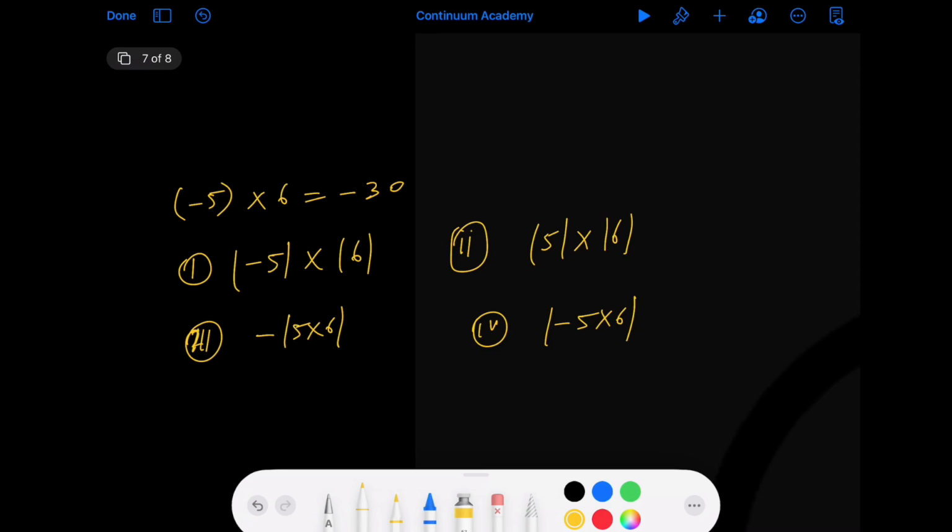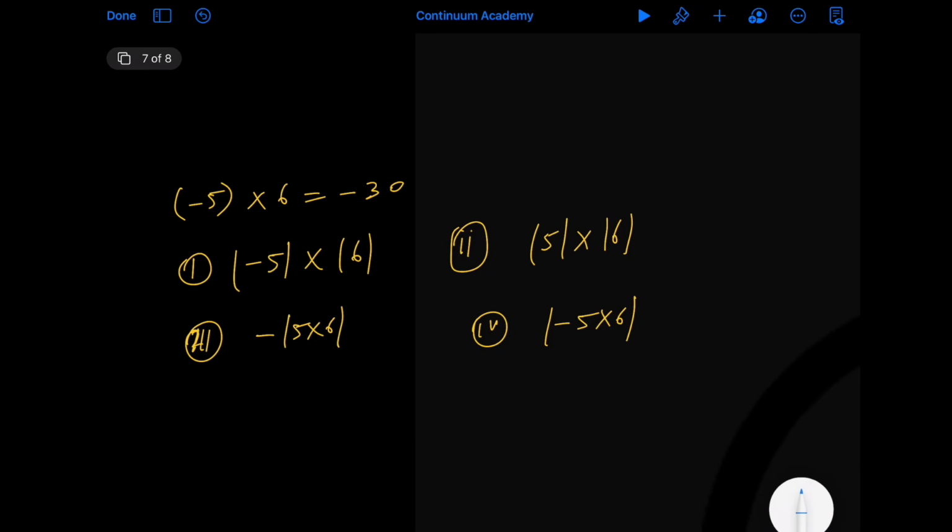Clear? Now you have to check which option matches this answer, minus 30. Now if you try to find this one, minus mod of minus 5 is 5, 5 into 6 is 30, and this is minus 30, and this is 30, and this is also 30.